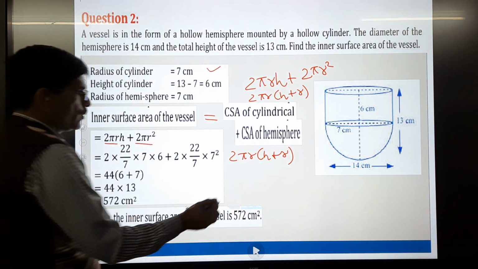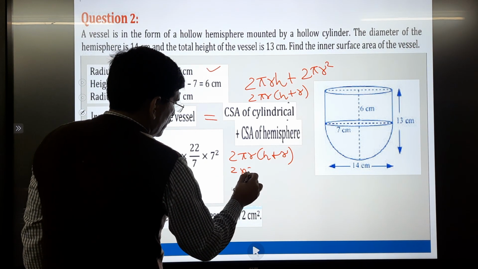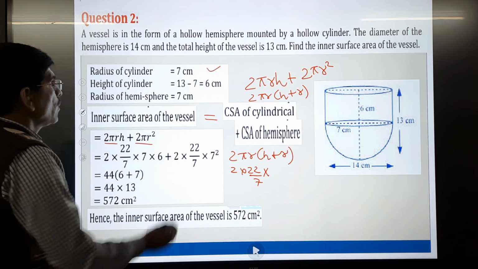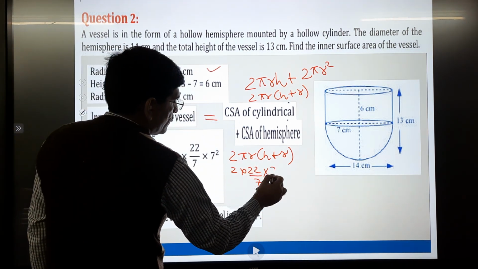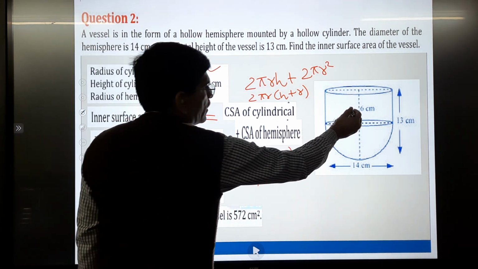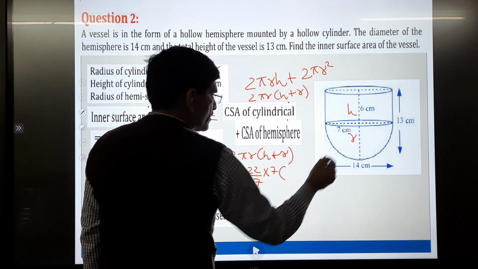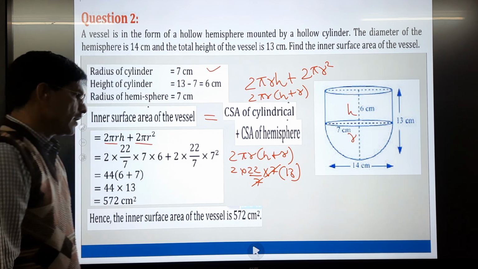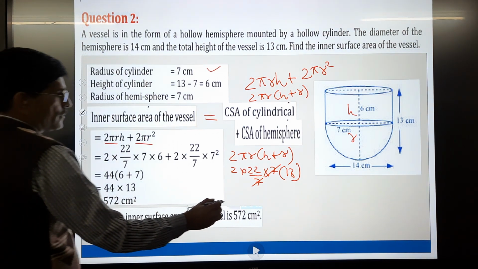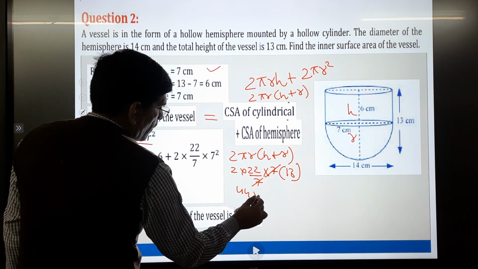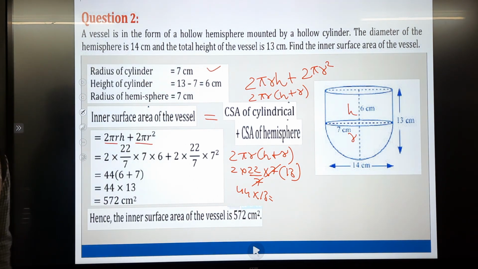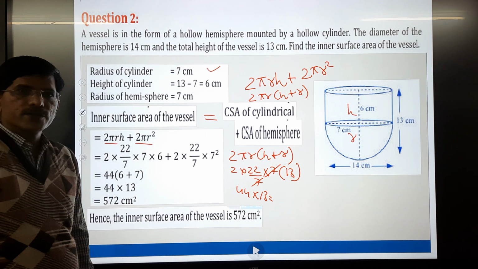Now 2 into 22 by 7, again R already written 7, and H plus R already 30. So 7 and 7 cut, same 44 into 30. So we can get the answer 570 centimeter square.